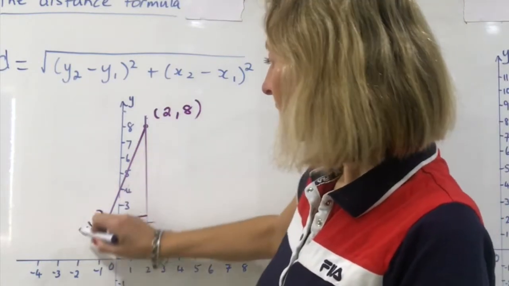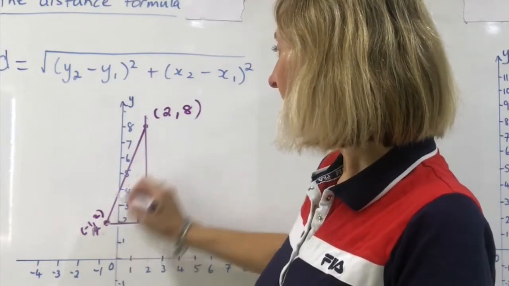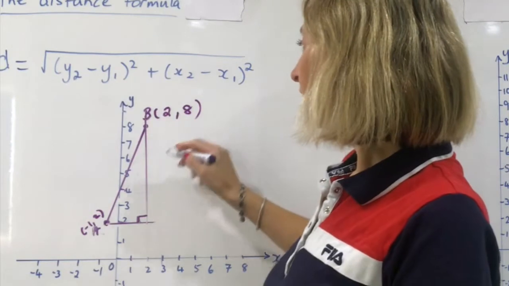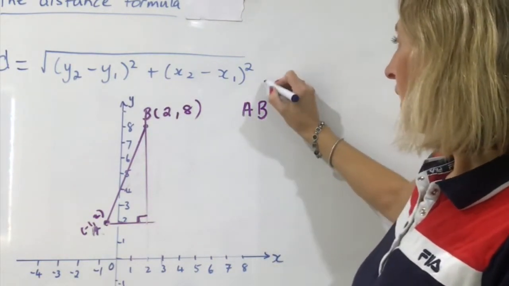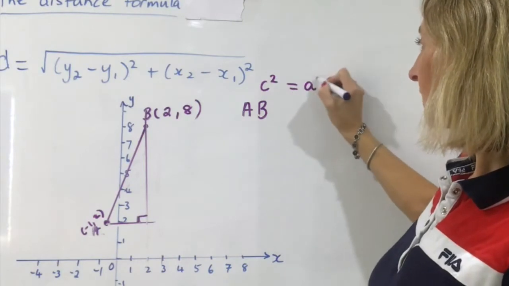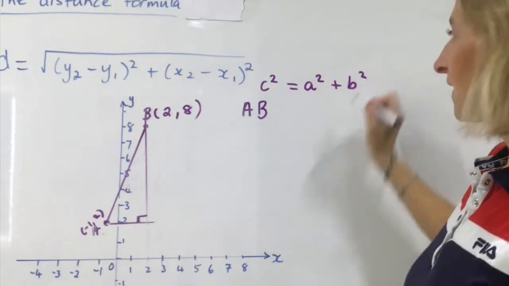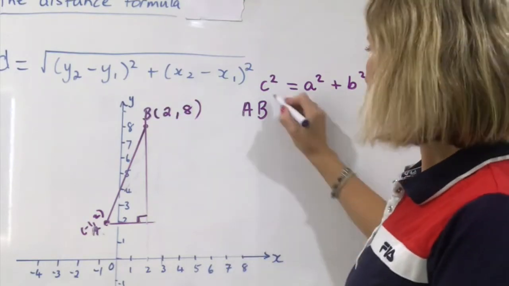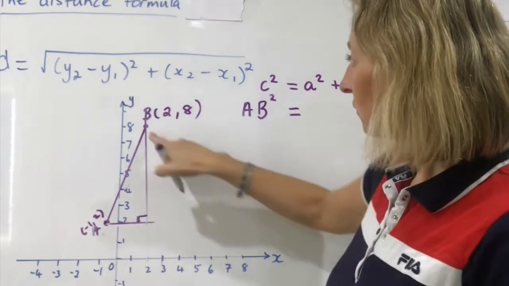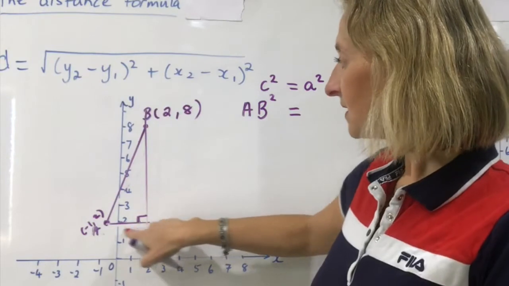Our distance between our 2 points, if I call them A and B, the distance between A and B is the hypotenuse. I know that c squared equals a squared plus b squared. That's our rule for Pythagoras. So AB squared equals that squared plus that squared.